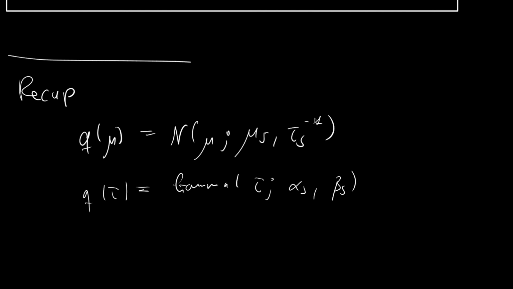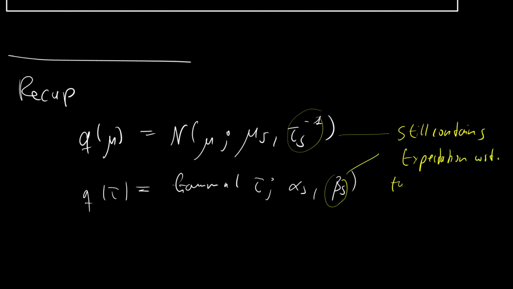And then we've seen that these two quantities, the tau s and the beta s, still contain the expectation with respect to the other distribution.